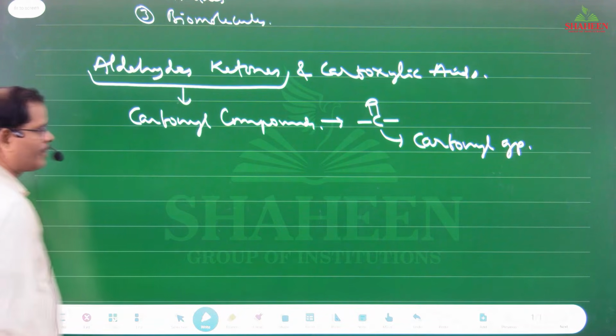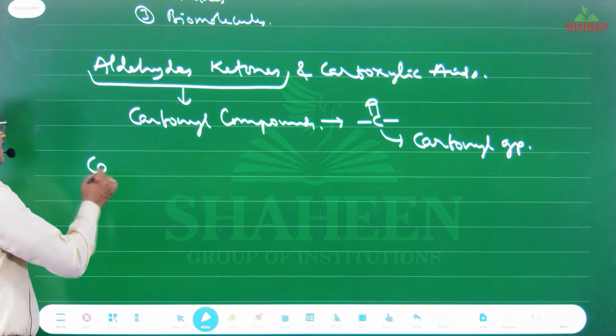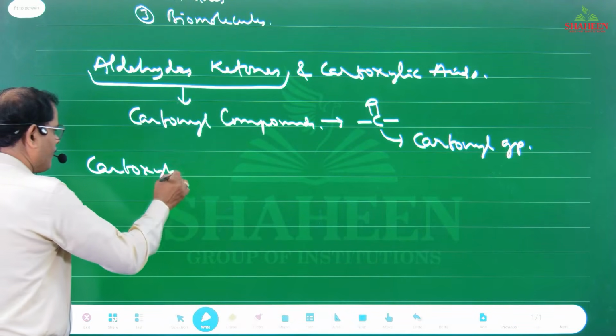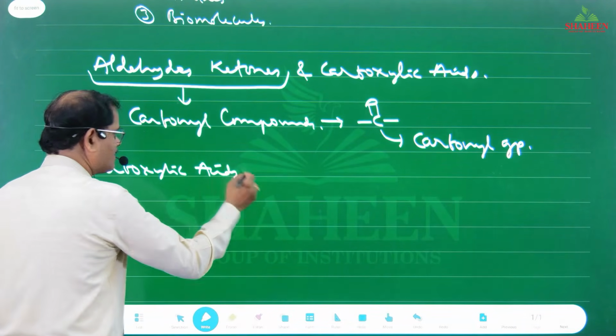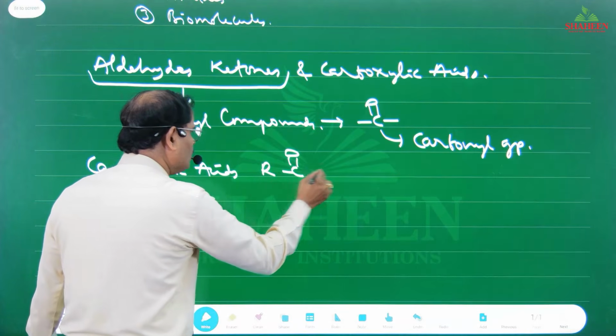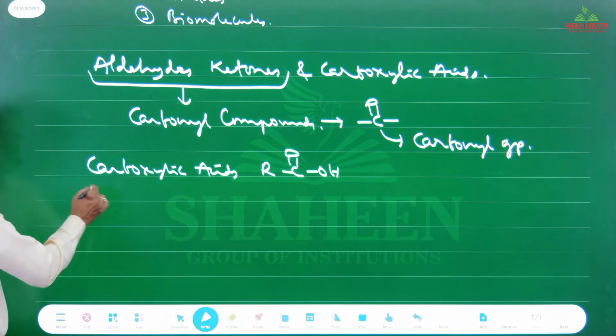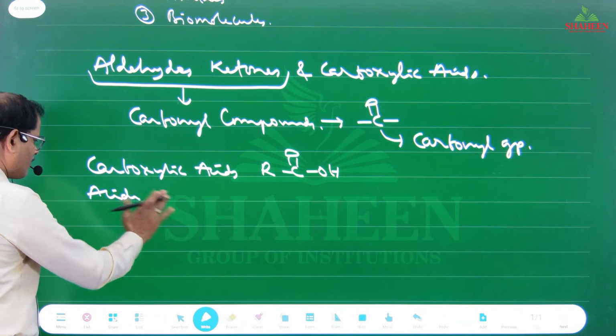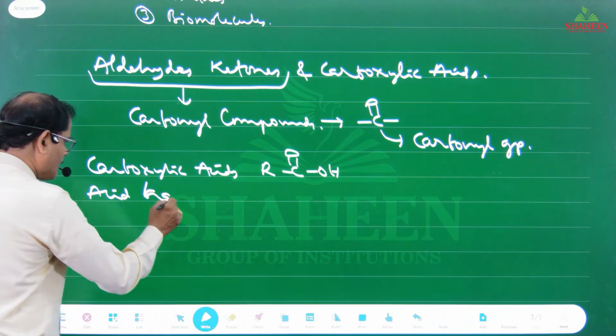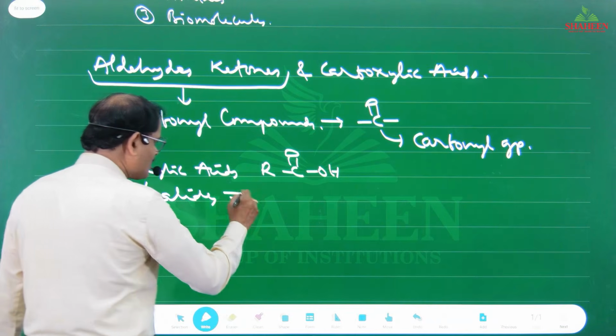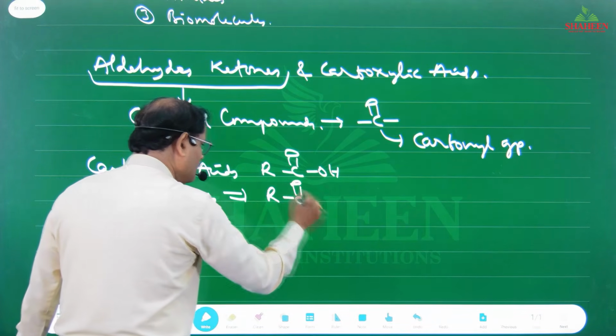For example, carboxylic acids, RC double bond OOH. Here also we have a carbonyl group. And acid halides, in acid halides also we have a carbonyl group.